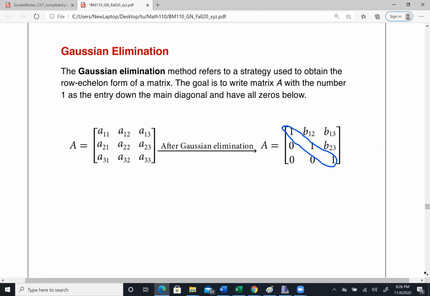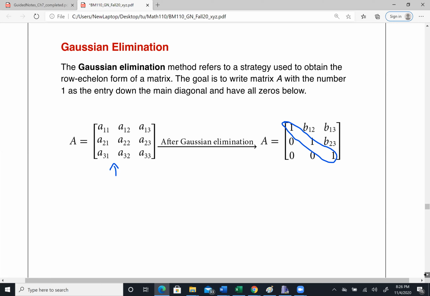Here is the way we express it by math notation. So you see the matrix A was with all non-zero numbers, and after using Gaussian elimination, now it changed to be a row echelon form, right? With diagonal 1 and all zero numbers below.